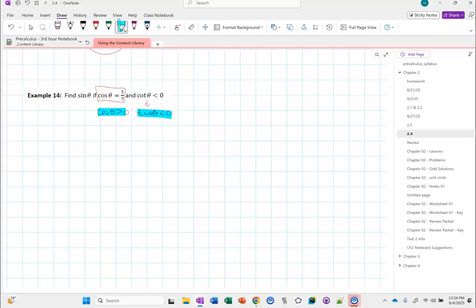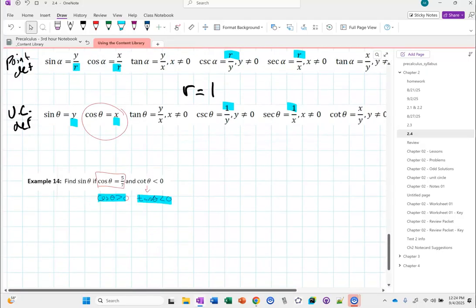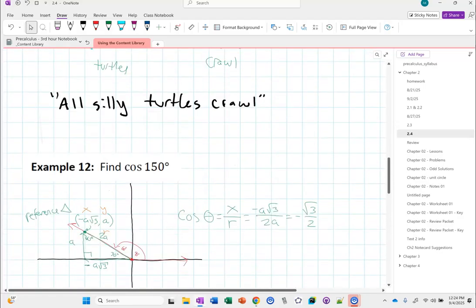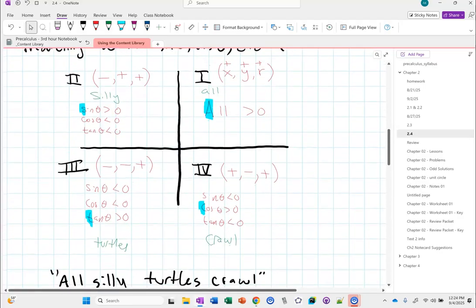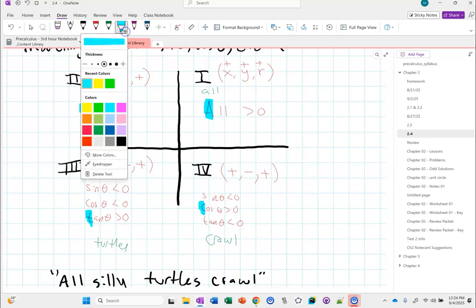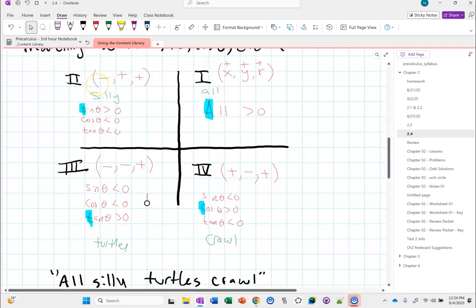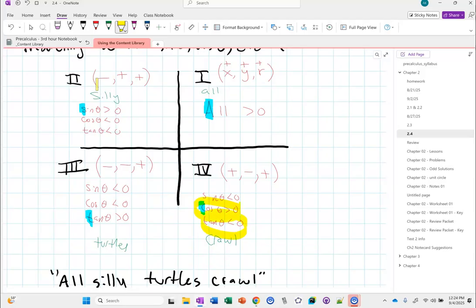I'm going to go now to my All Silly Turtles Crawl picture and look for the quadrant where cosine is positive and tangent is negative. So if I go back up here, cosine positive, tangent negative. My location should be in quadrant 4. Everybody happy with that?